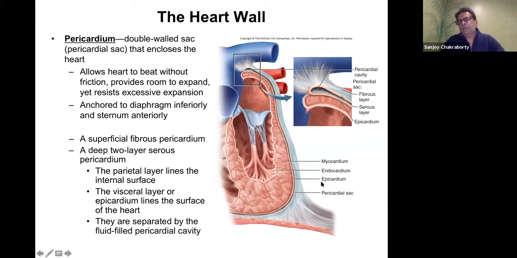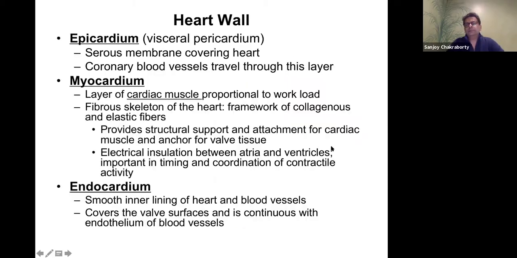And the outermost layer is called epicardium. As I said earlier, epicardium can also be referred to as visceral pericardium by some books. They use that interchangeably. So these are the three layers: epicardium, myocardium, endocardium. You must know which one is made of what, particularly the myocardium, which is a cardiac muscle layer.